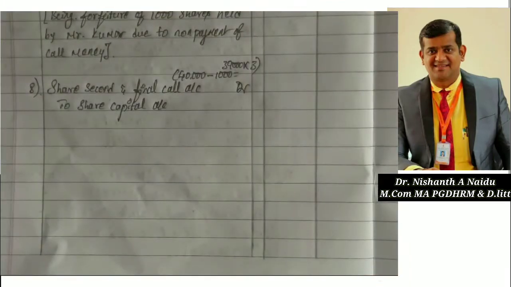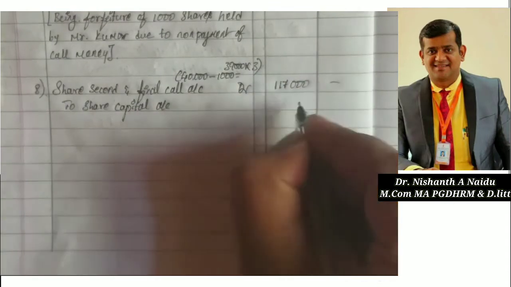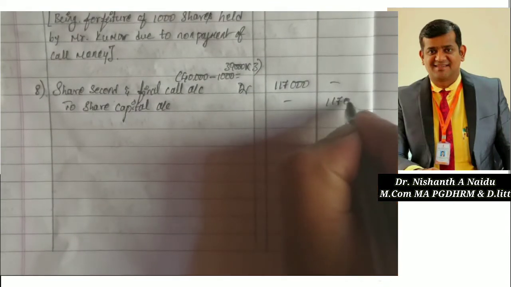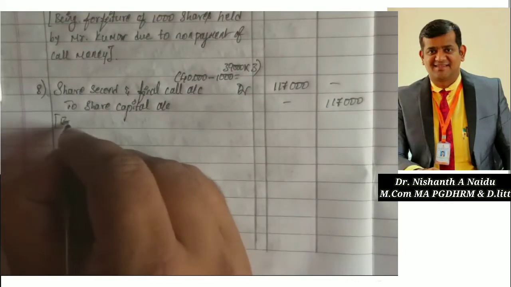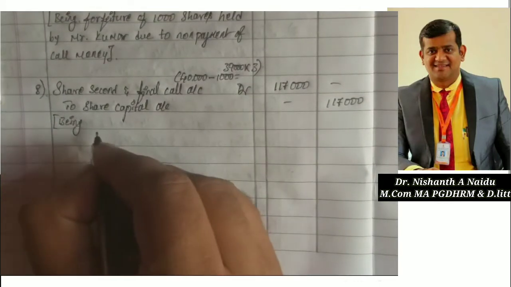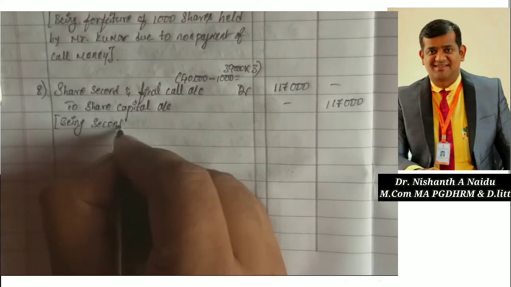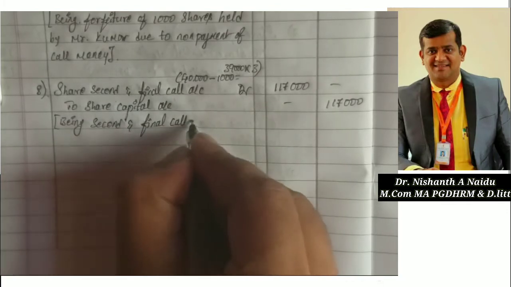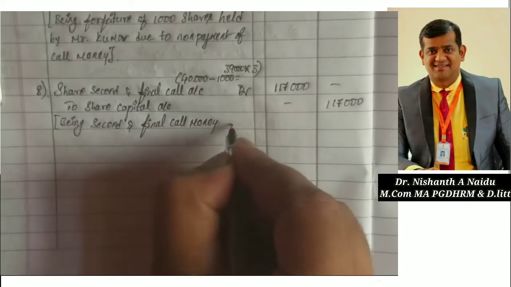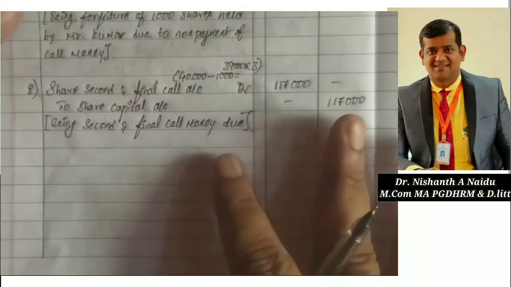So 1,17,000. Okay, so now write the narration being second and final call money due.